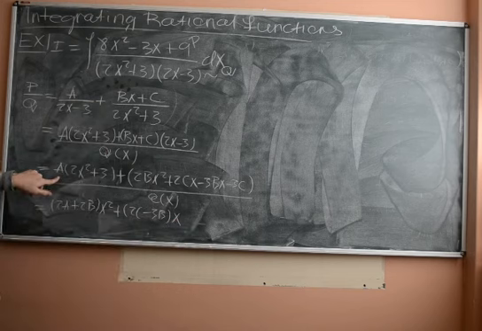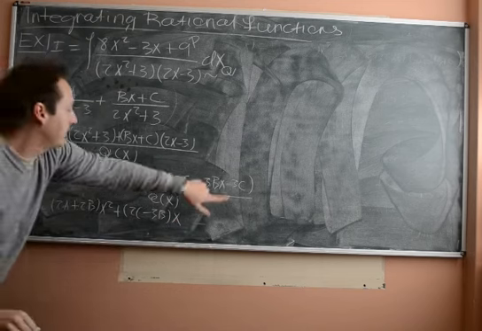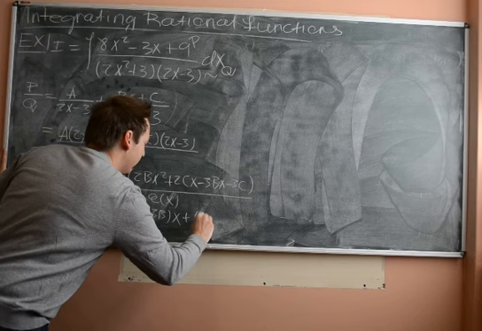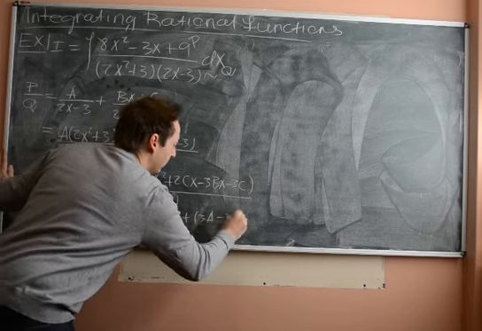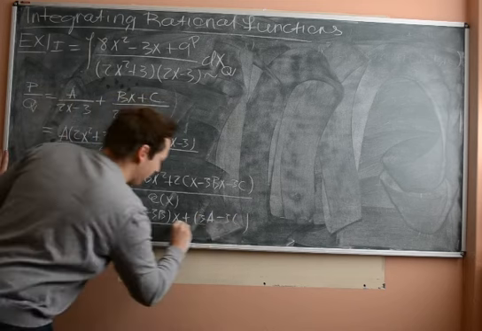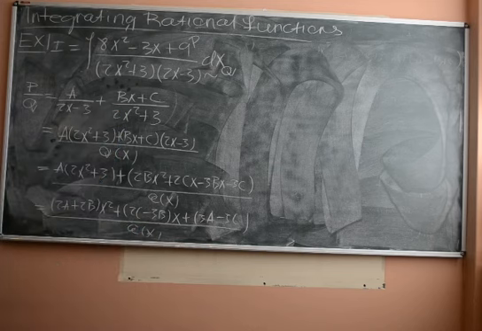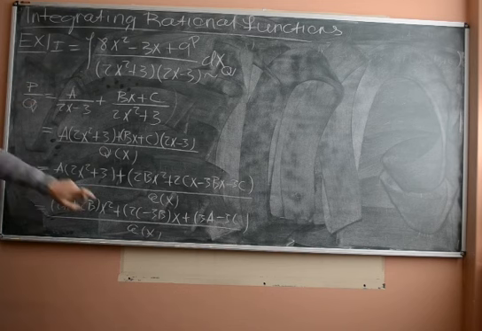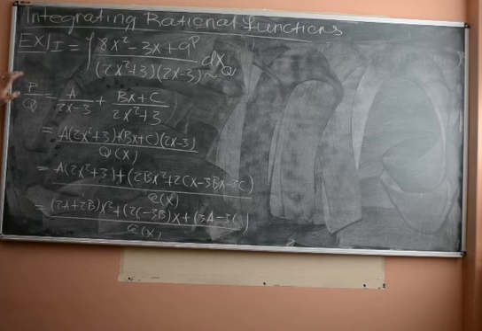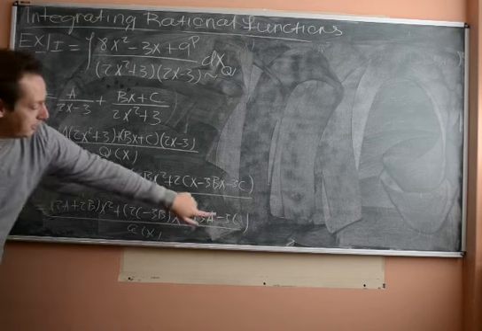And the constants, we have a 3a and a minus 3c. All still over q of x. Now remember, because these two are equal, and I'm dividing by q here and by q there, p has to be equal to this polynomial.